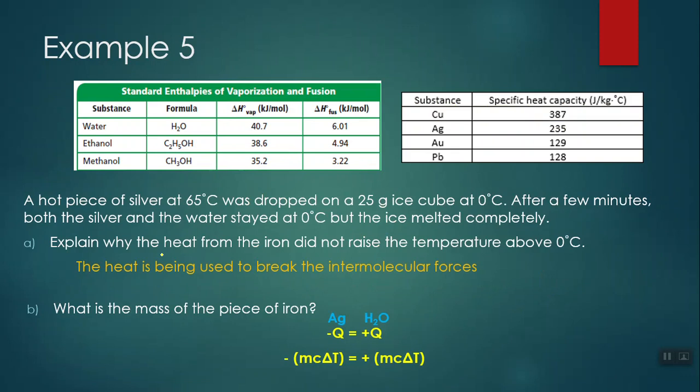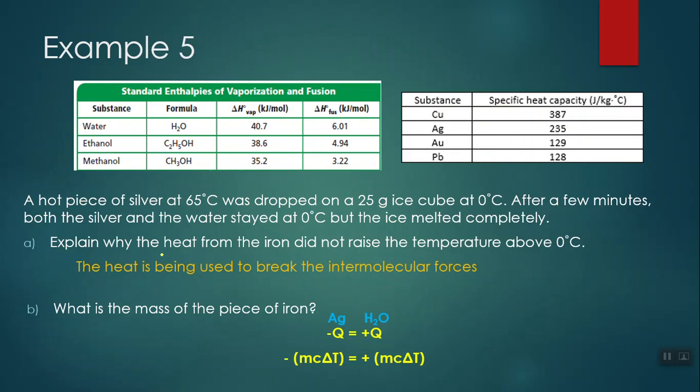All right. So the next question is, are both of these substances going through a temperature change? Well, silver, it says, is going from 65 degrees to 0 degrees. So yes, that one is going through a temperature change. How about water? Water is not, right? It's saying that water stayed at 0 degrees and that the ice is melting completely.